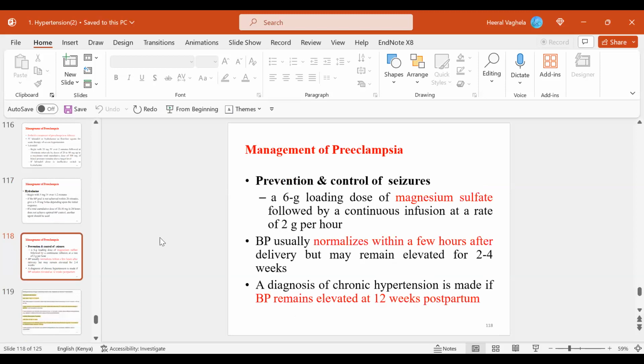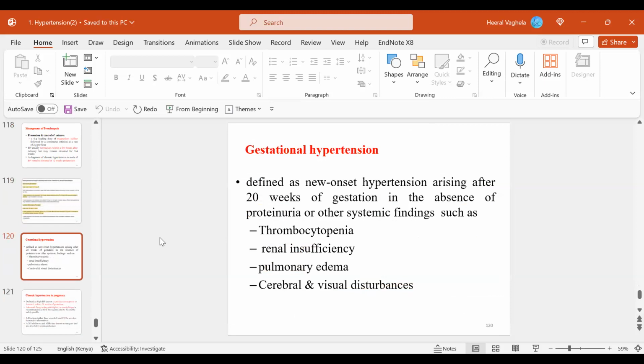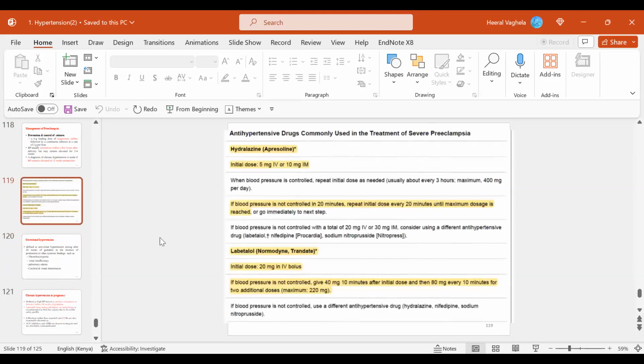Then to prevent and control the seizures, you give magnesium sulfate. So preeclampsia, the most effective is delivery, but in case you can't deliver, then you give IV labetalol or hydralazine. To control and prevent seizures, you give magnesium sulfate.